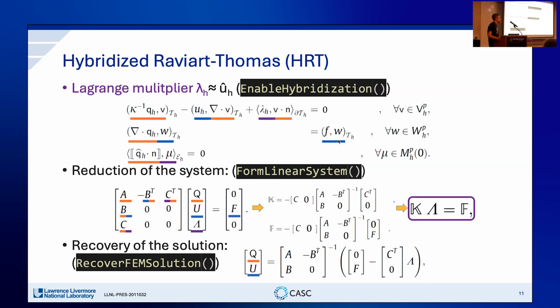I don't know if I'm getting correctly the question. So the trace variable is always P0. So it's a single constant on the edge rather than... No. It's arbitrary order. So then say you had P1 at the vertices, there would be duplication because it's a DG space rather than a CG space.